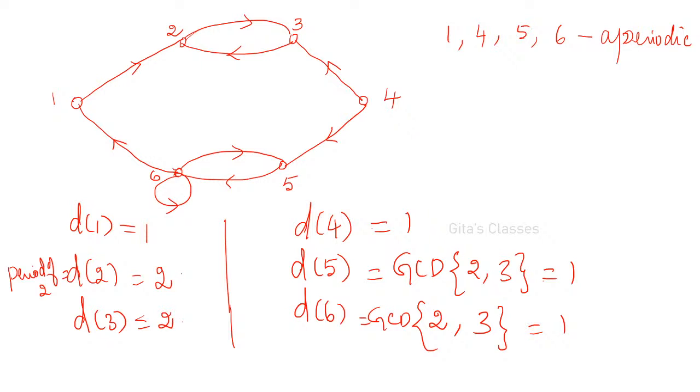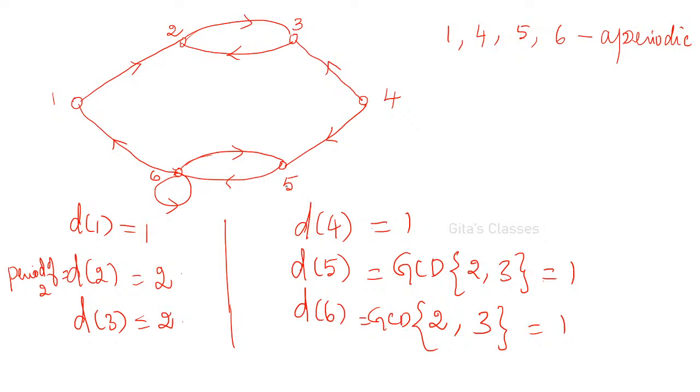Any doubts in this? You have to find out the periods. For 6, the period is 1. Yes, ma'am, for 6 the period is 1. Yeah, it is aperiodic. Because see, from 6 you can go to 5 and 5 to 6. That is one possibility.